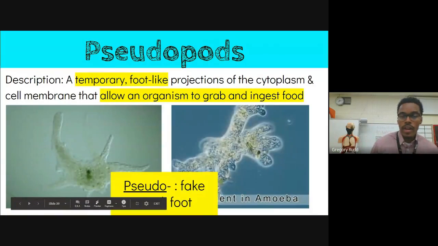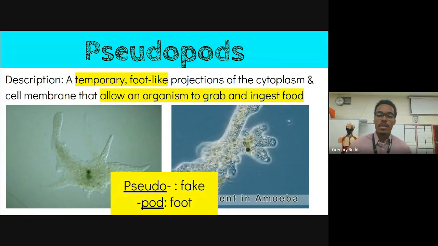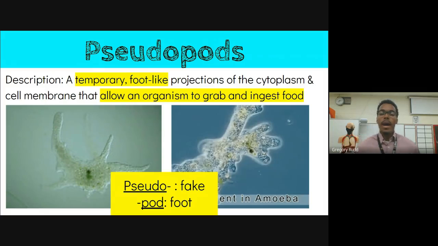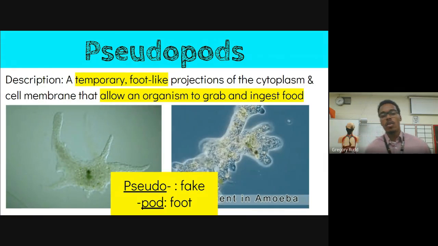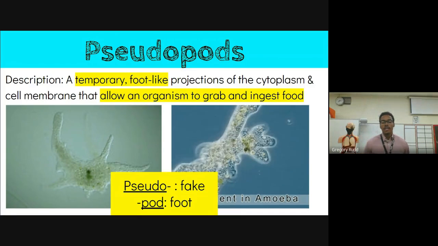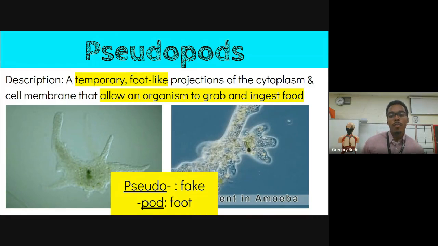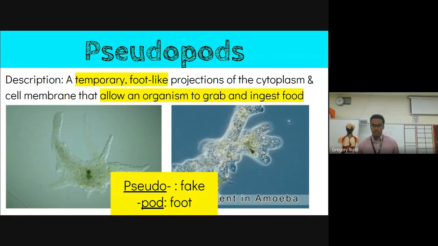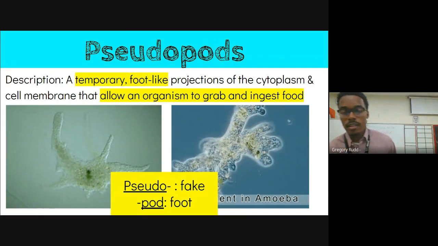Again, we can break this word down. Pseudo is a prefix meaning fake. And then pod is a suffix meaning foot. So a pseudopod is a fake foot. But this foot is not used for movement. This foot is used for digestion, or ingestion, I should say. Taking in food.